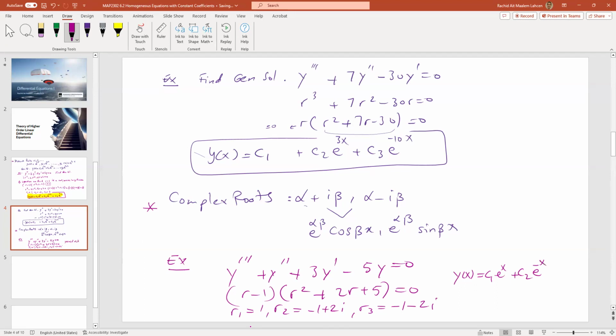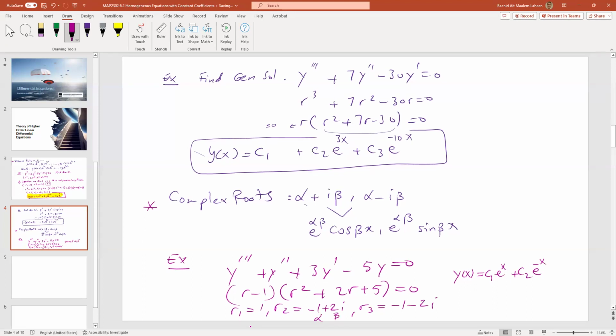So negative 1 with x, because that's alpha and that's beta. That's alpha, that's beta there. And cosine 2x, then plus c sub 3 exponential with negative alpha x and sine of beta x.